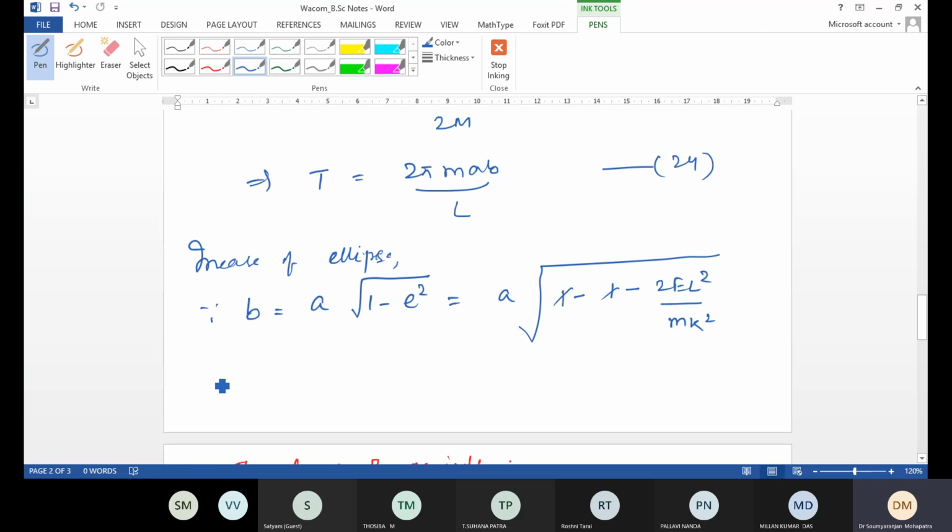So this B is equal to A root over of minus 2 EL square by MK square. Is that clear?